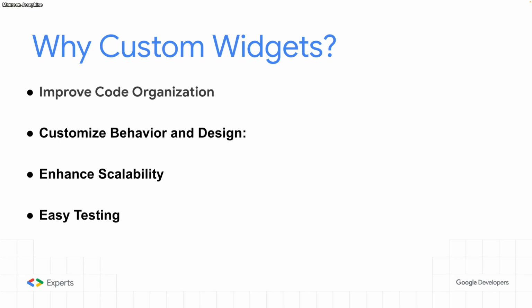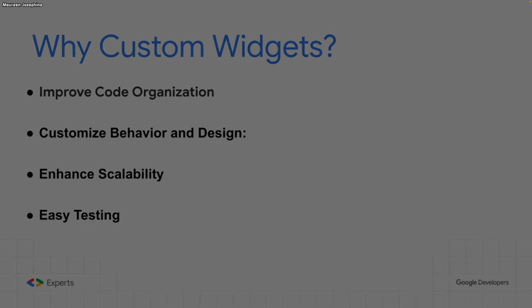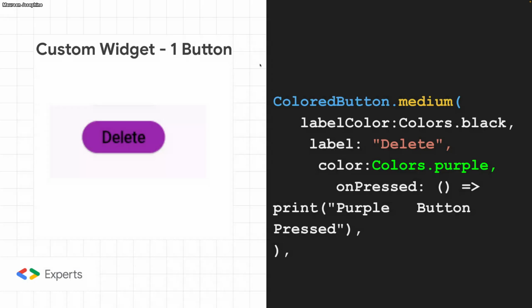And it's also easy to test when you have a custom widget rather than four widgets doing the same thing or different things. And this is one example of a custom widget where we have this button that has the delete text.